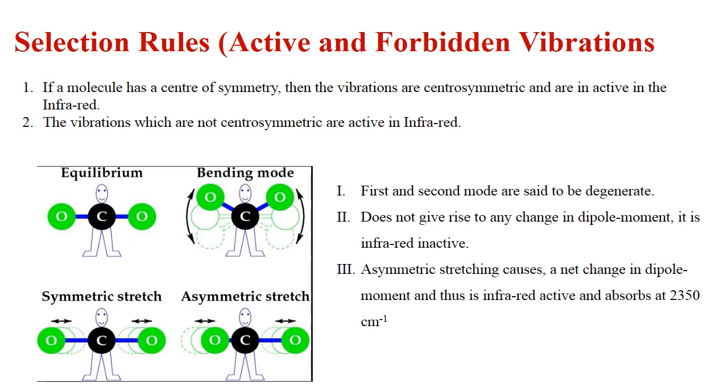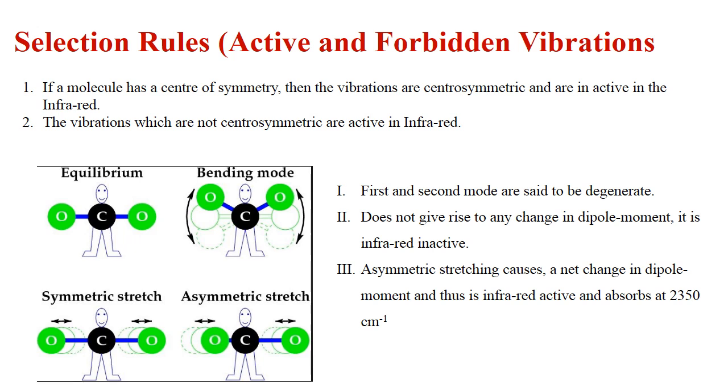Whereas for the stretching we require high energy, so the band is going to appear at higher wave numbers, and the higher wave numbers start from above 1500 per centimeter, mainly between 2000 to 3600 per centimeter. But in the case of symmetrical stretching of carbon dioxide, there is no change in the dipole moment.